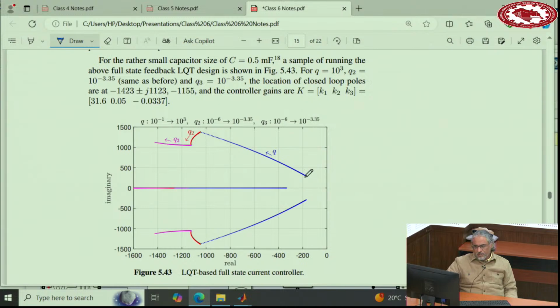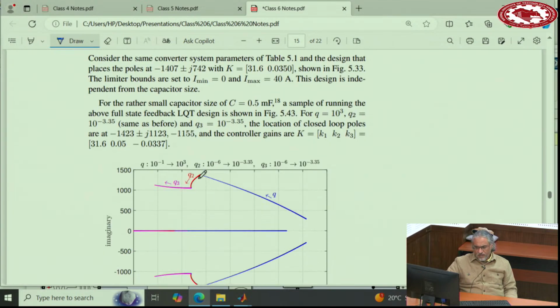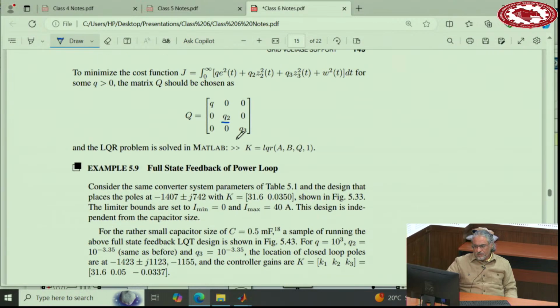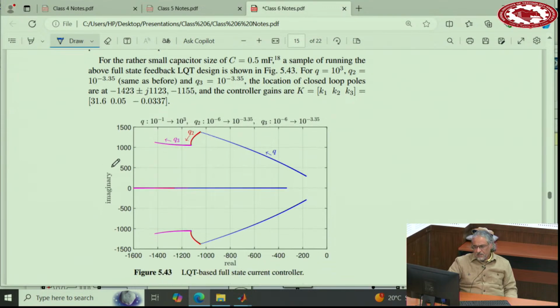When I increase Q1, the poles move to the left. When I increase Q2 for the second one, they move down. And when I increase Q3, they move this way. Here is just to show the full picture of what is happening. And then whenever you are happy with the response, with the poles, you can stop. Remember, the location of these poles tells you the speed of the current loop.